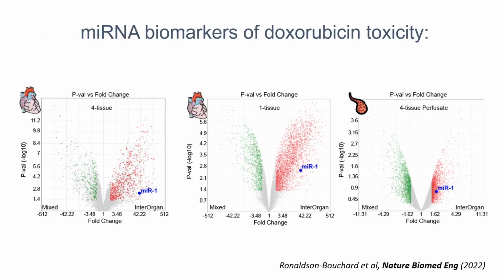We also in this study looked into if we can identify some of the biomarkers of doxorubicin toxicity, and we found one in the heart muscle that was present both in the four-tissue configuration and isolated tissues, as well as in the perfusate. So it was MIR1, which is like a precursor of a whole family of MIRs that are important in this context.